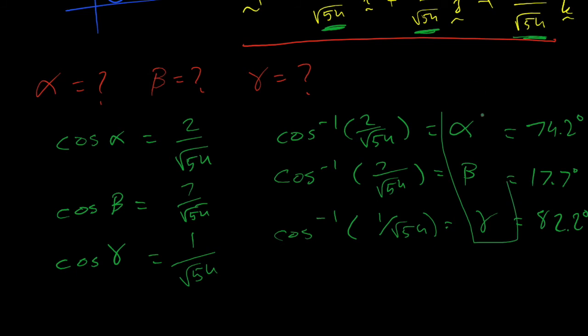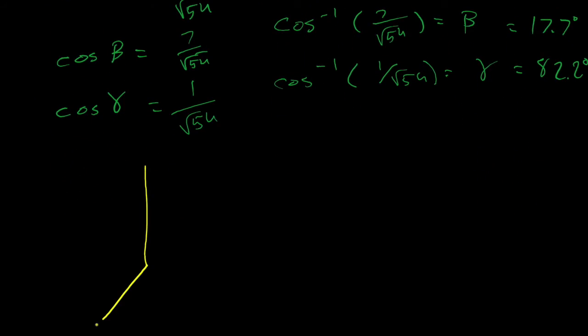Why is this important? Why are these angles important? Let's show them graphically. So let's say we have a vector and our vector looks like this. What we will see is between the z-axis and our vector v1, let's call it, the angle will be gamma.